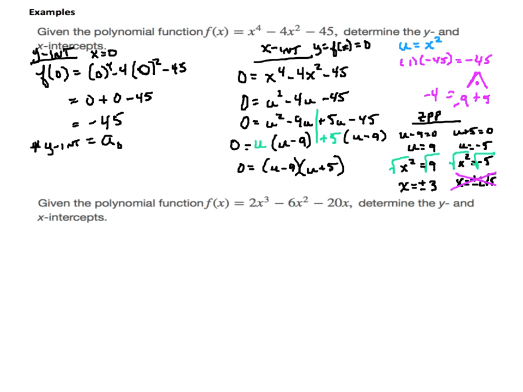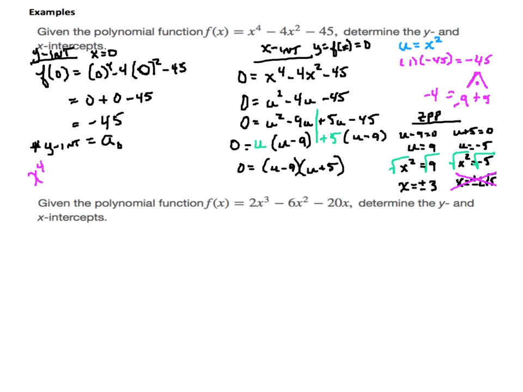All right, so let me show you that with this particular polynomial function, which I'm writing down here, f of x is equal to x to the 4th minus 4x squared minus 45. They didn't ask us to do this, but it does not hurt, before we go and look at this graph, to try to identify the end behavior.